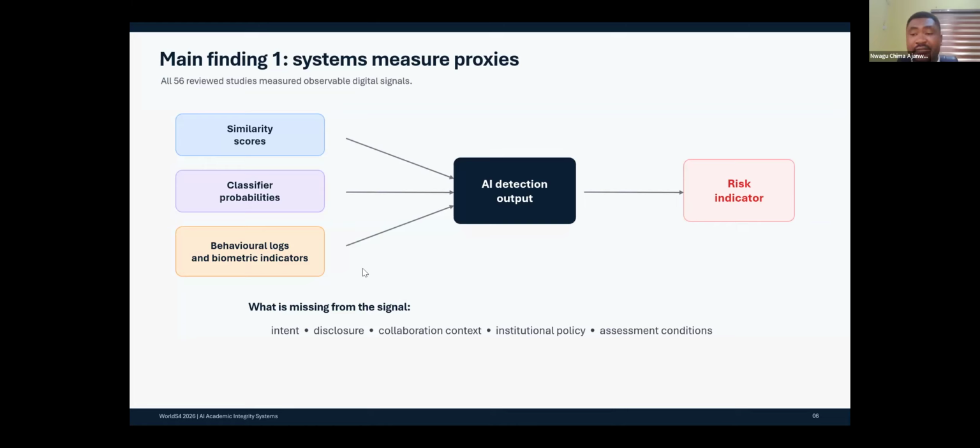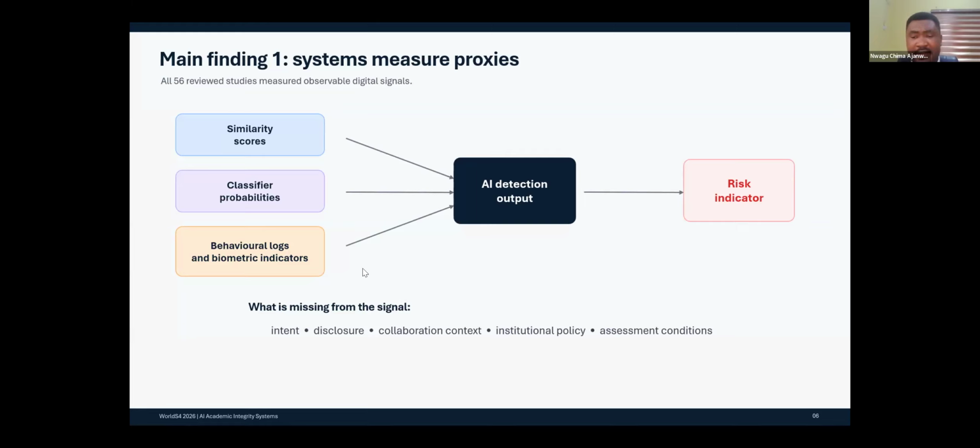All 56 reviewed studies measured observable digital signals, and these signals include similarity scores, classifier probabilities, behavioral logs, biometric indicators, feature vectors, stylometric features, and anomaly metrics.